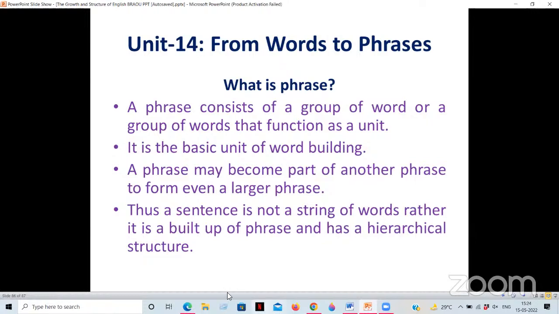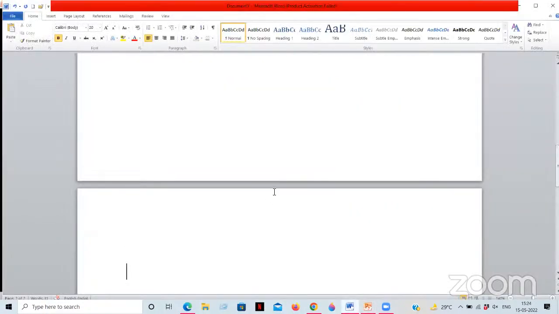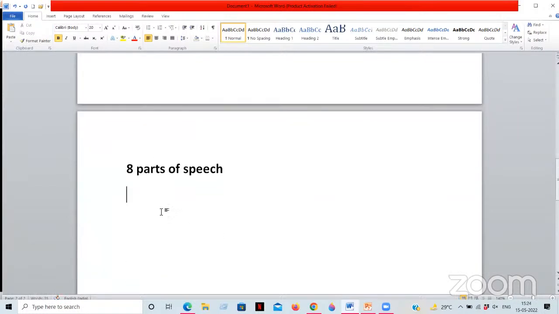Now there are 8 parts of speech, isn't that so? How many parts of speech are there? There are 8 parts of speech, and all these 8 parts of speech have their own phrases. Now there are four major phrases and four minor phrases.